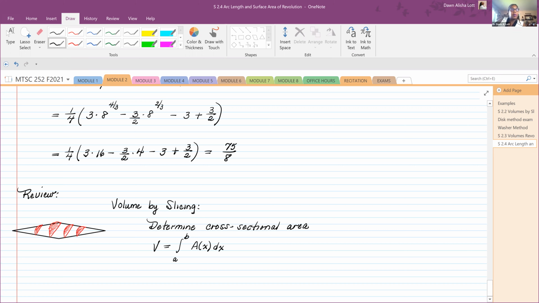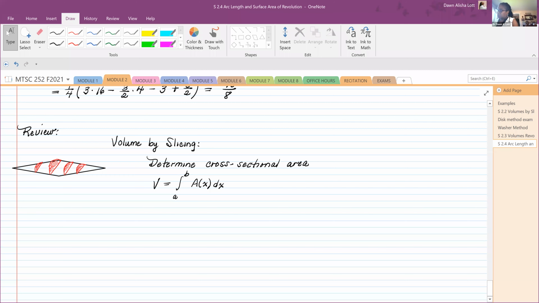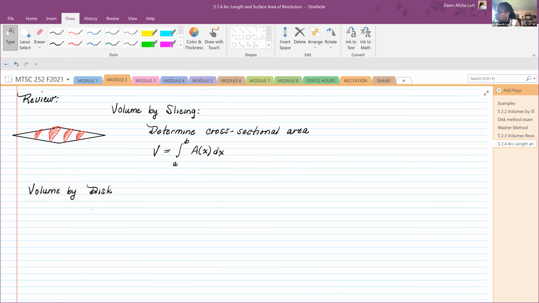Then we did volume by disk. So for volume by disk, we have some region.